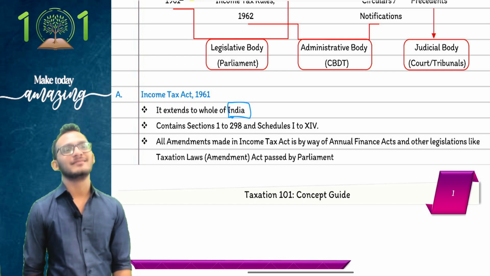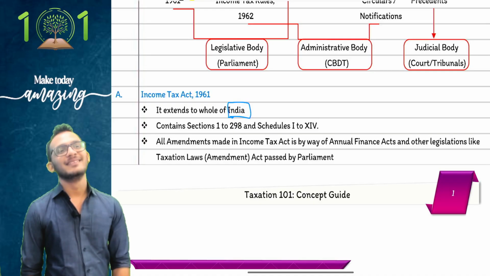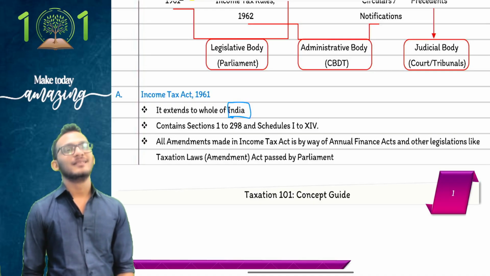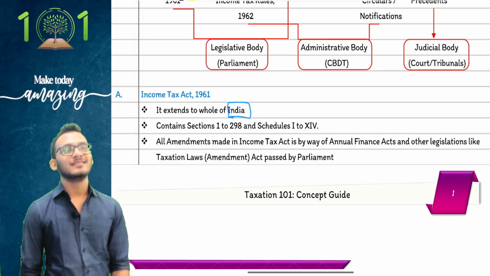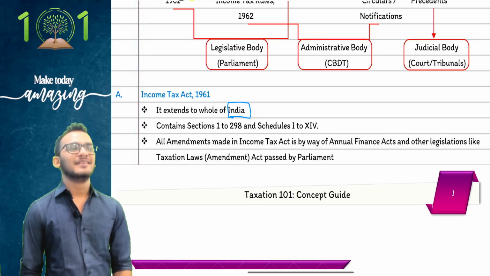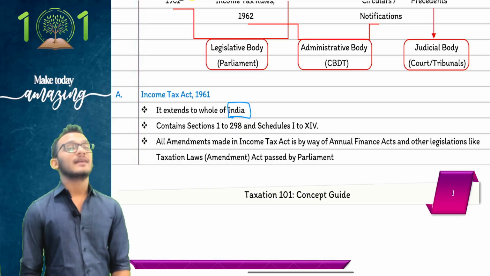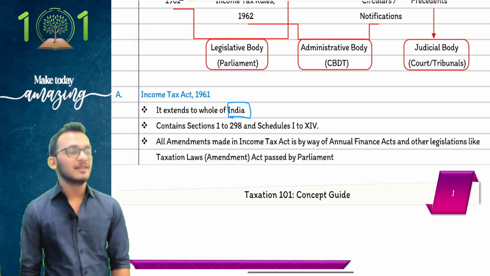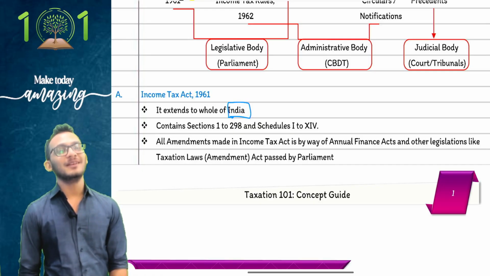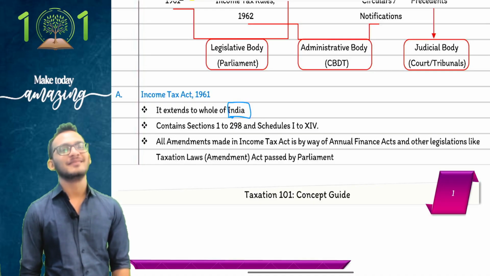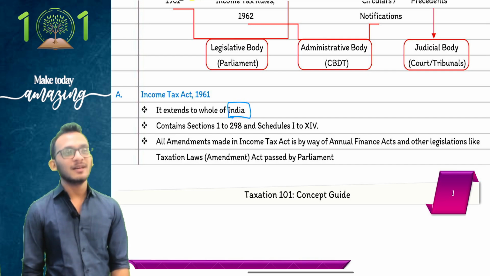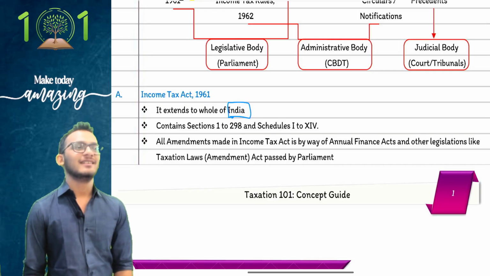All these states, islands, surrounding sea, people, surrounding water bodies till 12 nautical miles. Embassies outside India.